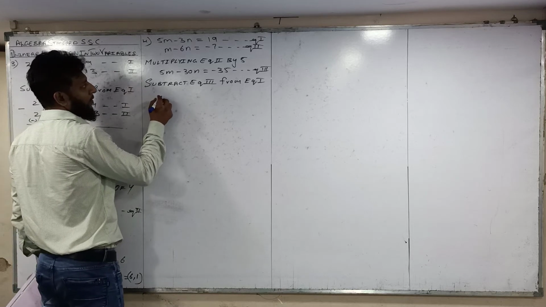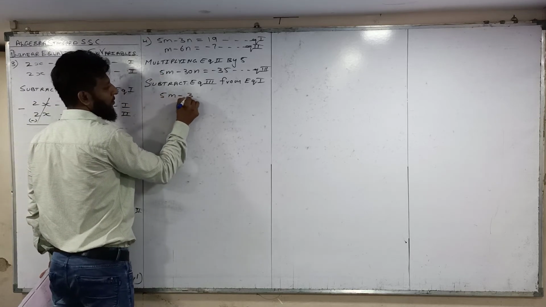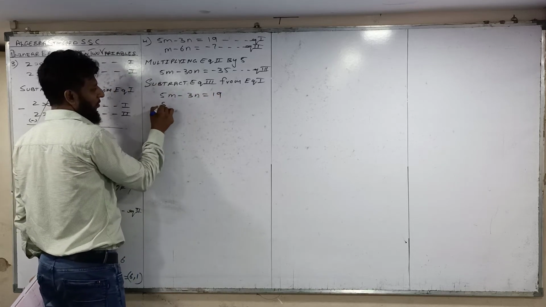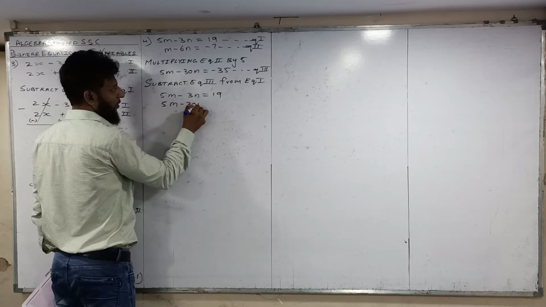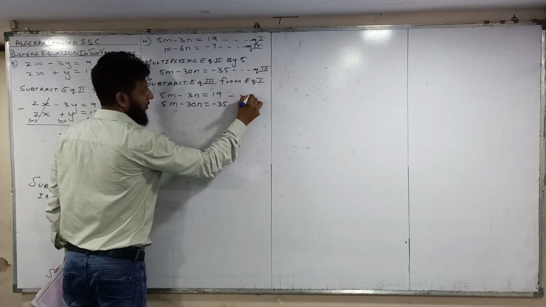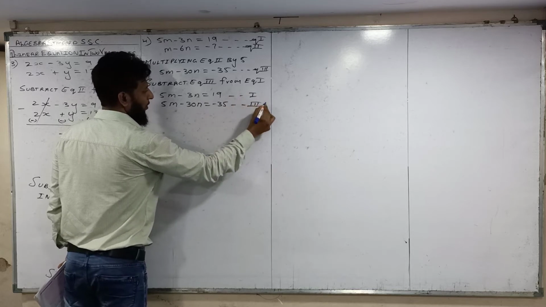So now I am writing, first equation 1: 5m minus 3n is equal to 19, and this equation 3: 5m minus 30n is equal to minus 35. I am subtracting equation 3 from equation 1.